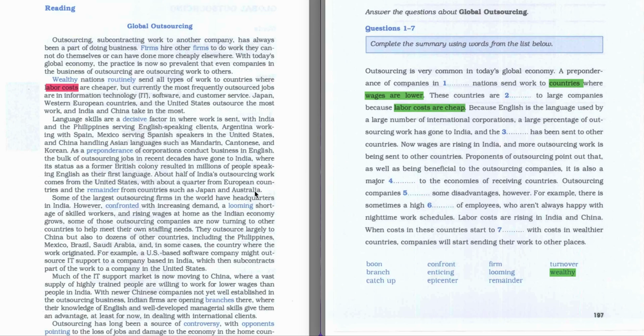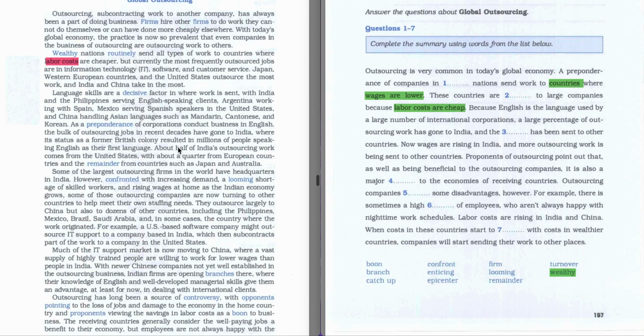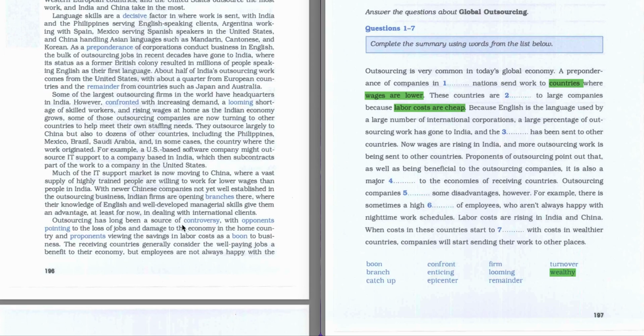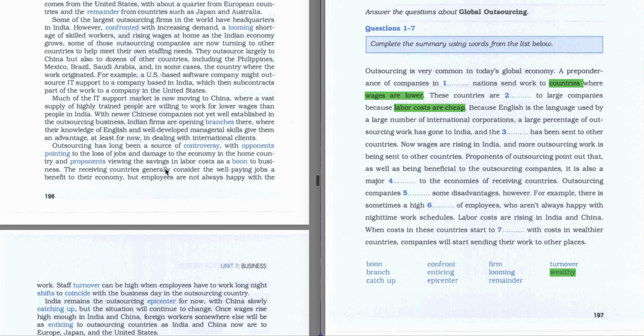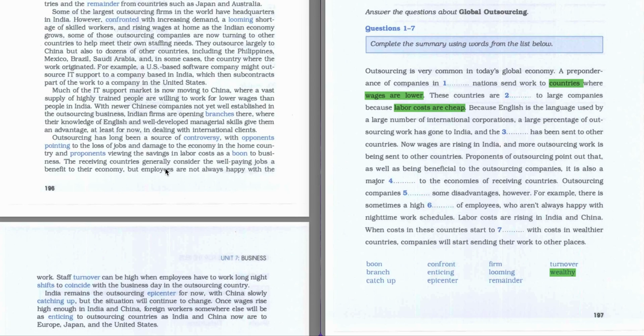So they were saying about these countries and about the price, but we don't have any information about that in this paragraph. So we go further and we try to find the information in the following text. And they don't say anything about labor cost here. And in the last paragraph they were saying about wages, which is our salary.